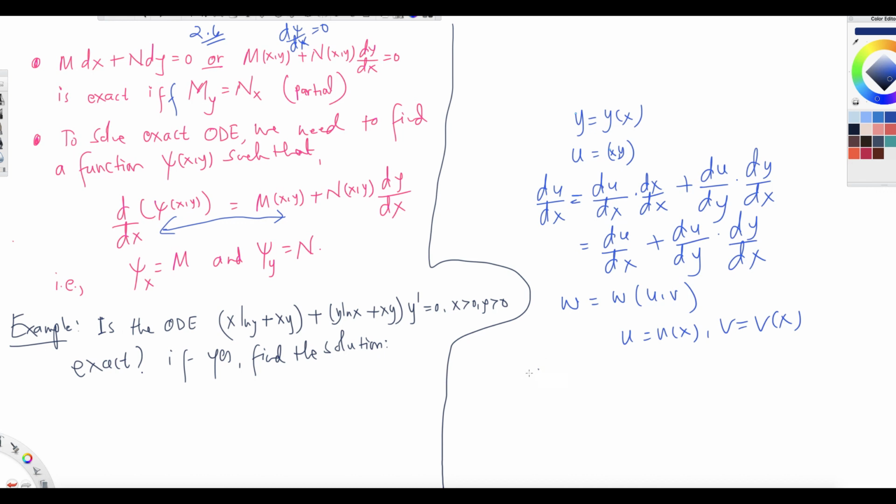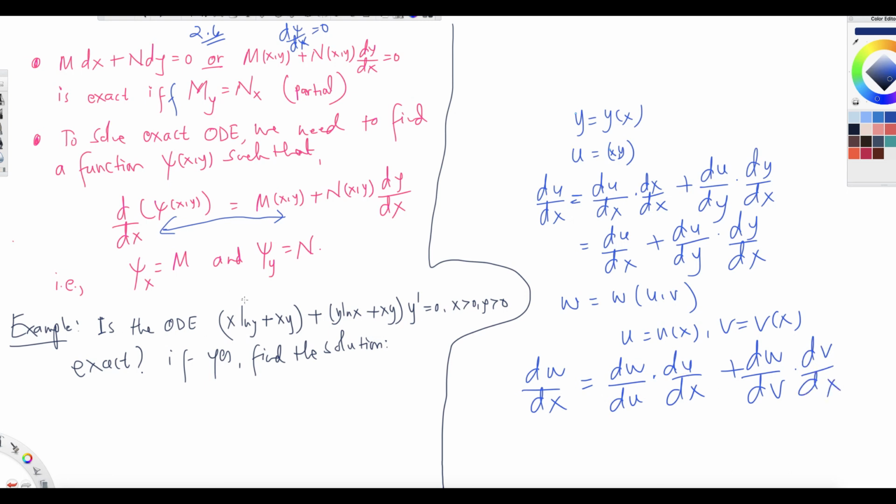So if you want to find dw over dx, the derivative of w with respect to x, although there is no x explicitly here, there are u and v, but u and v depend on x. What you do is dw over du times du over dx, and then plus dw over dv times dv over dx. That's the formula we use.